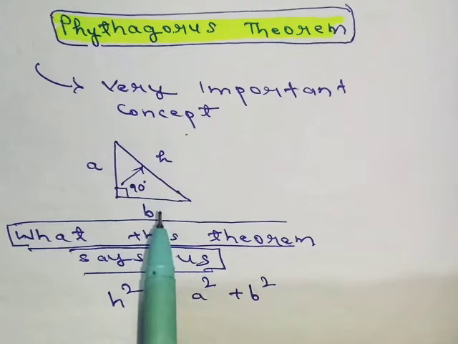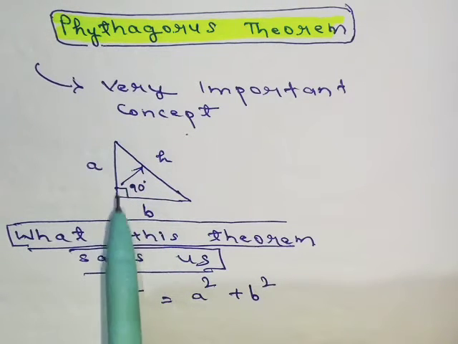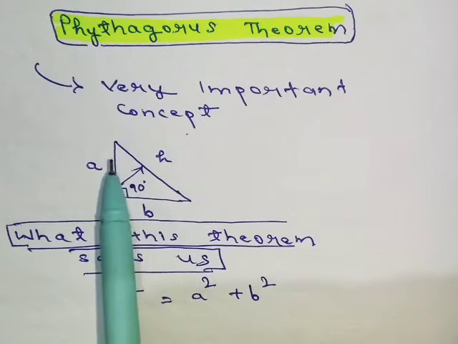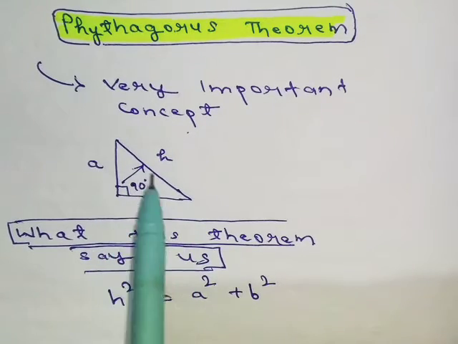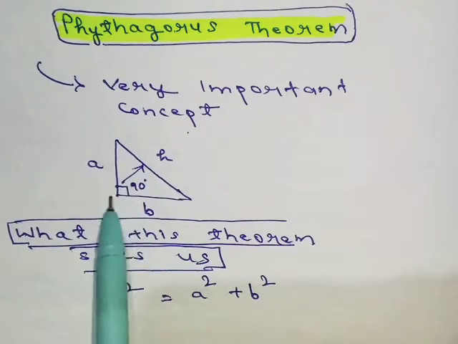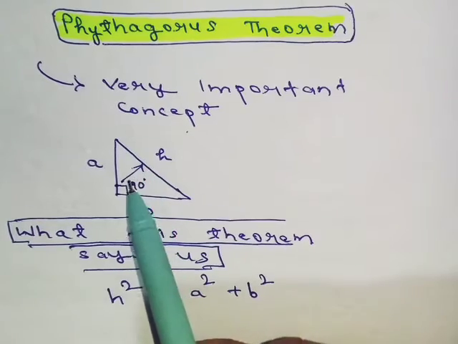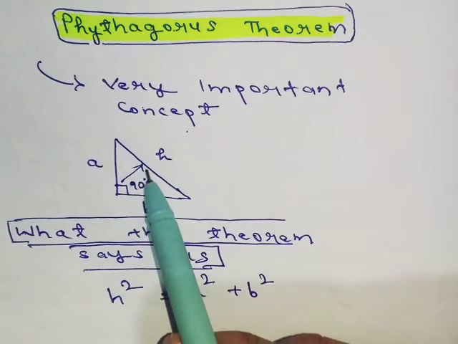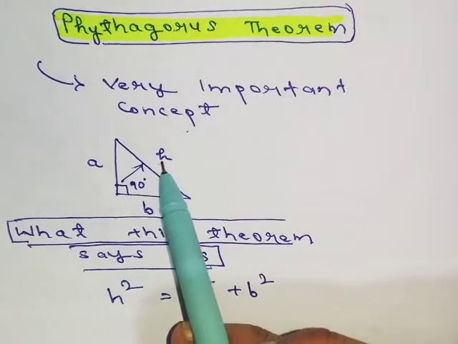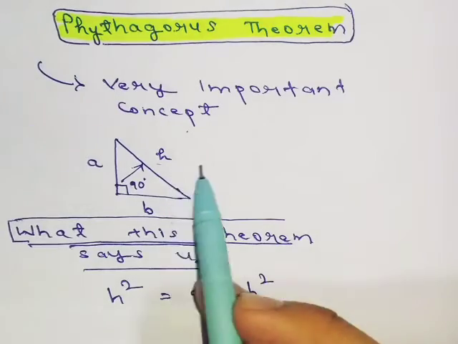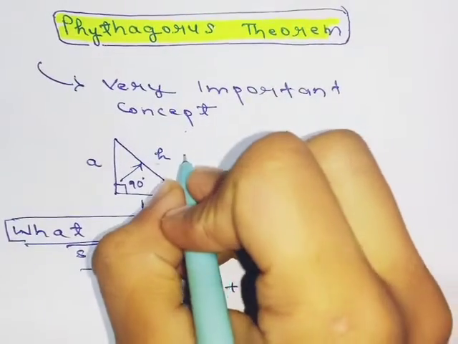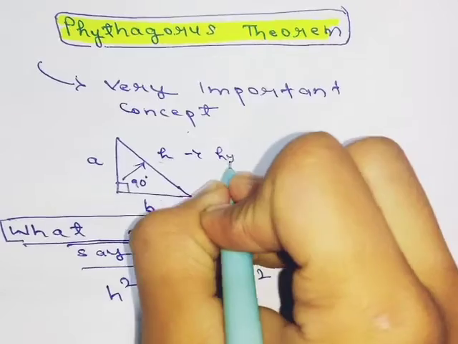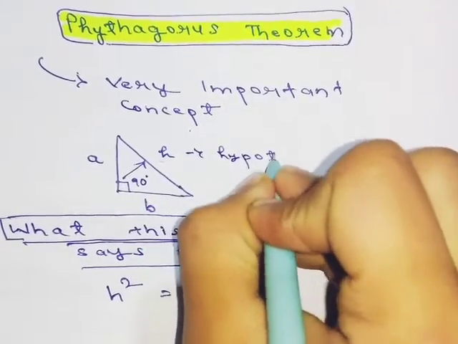Pythagoras theorem is basically applied in a right angle triangle. Suppose this is a right angle triangle. Here it is 90 degree, and the side opposite to 90 degree is called the hypotenuse. So H represents hypotenuse. Let me write here: hypotenuse.